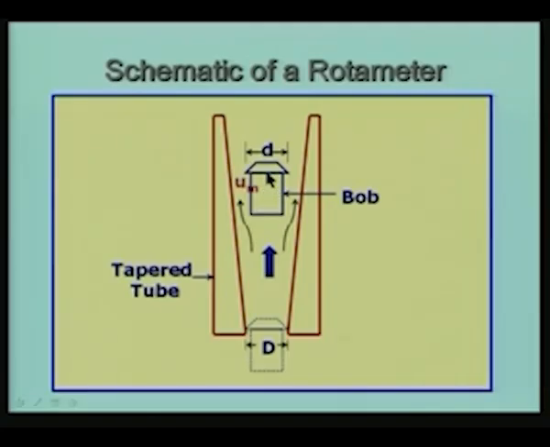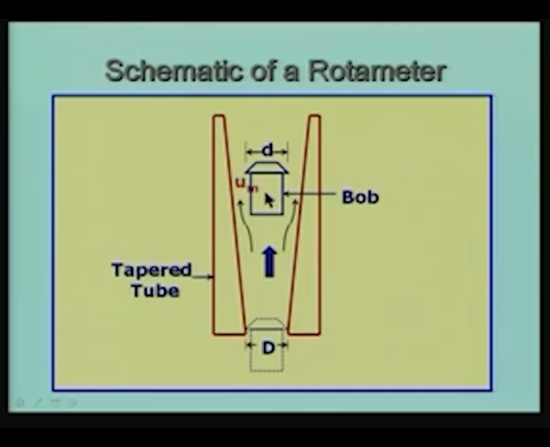One, of course, is the weight of the bob, which is vertically downwards. Then there is the force of buoyancy, because it is displacing a certain volume of the material which is flowing, either a gas or a liquid, and therefore there is a buoyancy force which is upwards, by Archimedes principle.